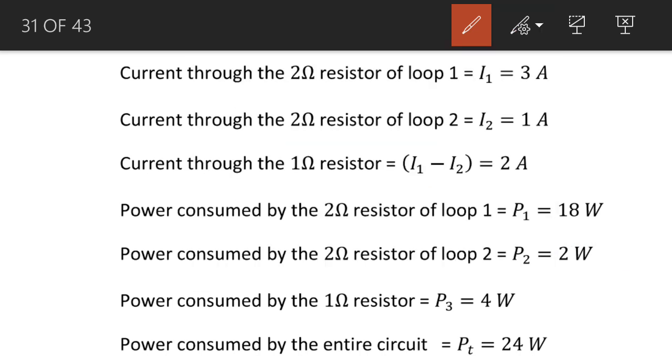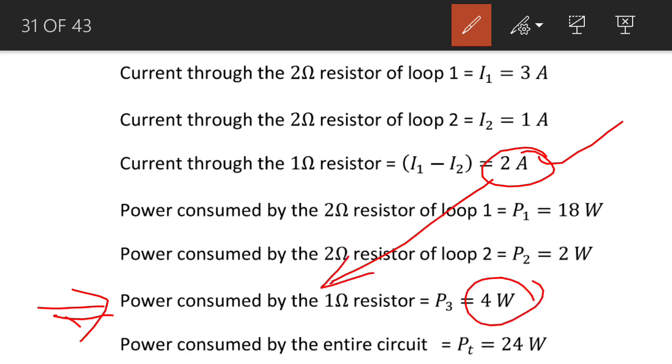Let us find out the power consumed by the 1 ohm resistor. The current through the 1 ohm resistor is 2. So the square of this current is 4. 4 multiplied by 1 is 4 watt. So I square R gives you the power.